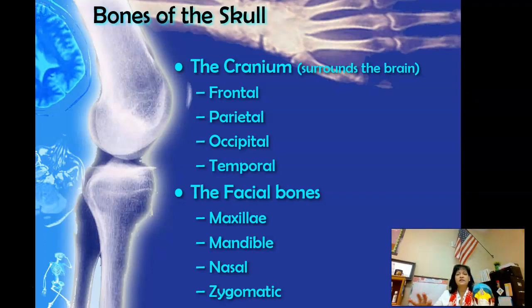So the bones of the skull, the ones that surround the brain are called the cranium. Those are the bones that surround like the crown, okay, the brain. Then you have facial bones that are more down here and inside. And we're not going to learn all of, especially the inside bones, but just know there's more.